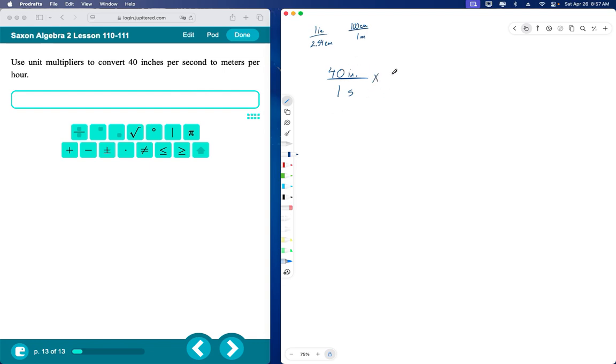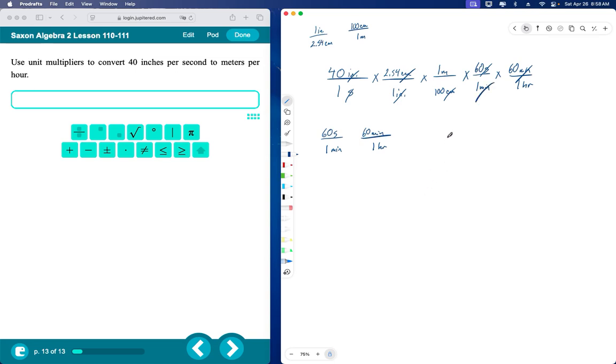So times 2.54 centimeters over 1 inch, cancels inches, times 1 meter over 100 centimeters, cancels centimeters. Now we're going to go from seconds to hours. We know that there are 60 seconds in 1 minute, and there are 60 minutes in 1 hour. So times 60 seconds in 1 minute, cancels seconds, times 60 minutes in 1 hour, cancels the minutes.